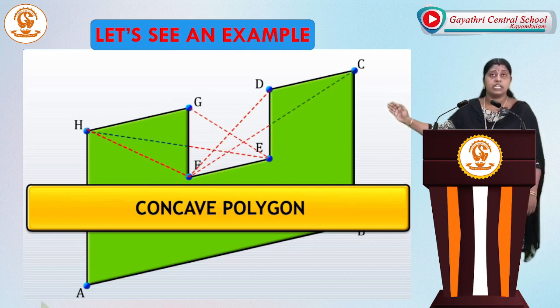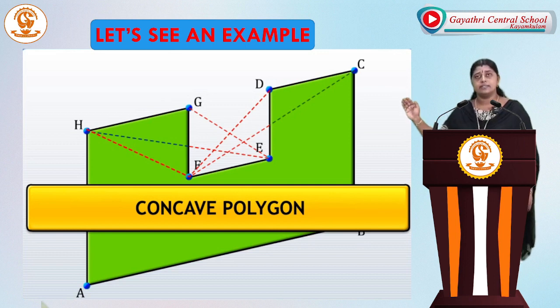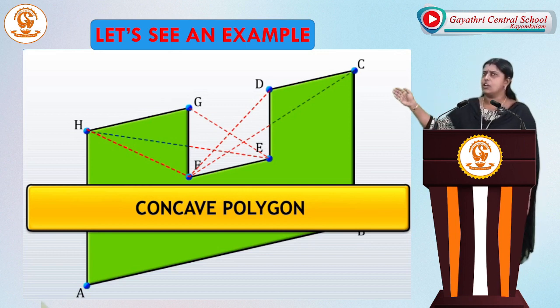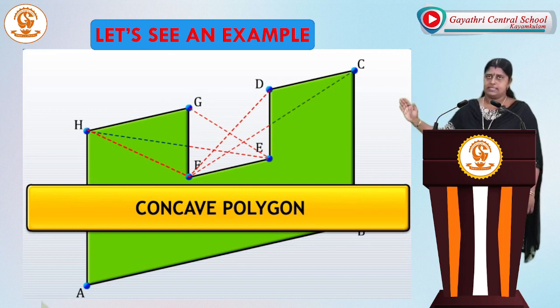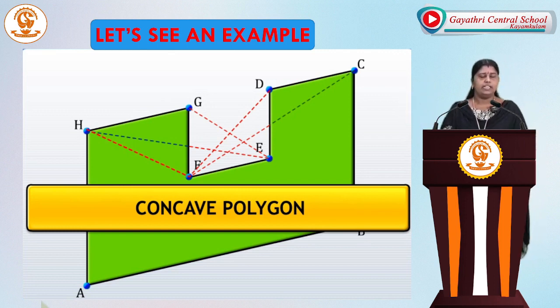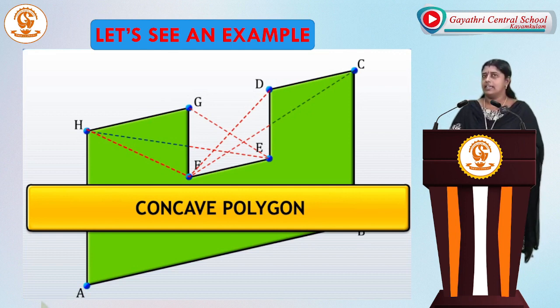Which are the diagonals in the exterior of this polygon? GE and FD. Yes. GE and FD are the 2 diagonals in the exterior part of this polygon.